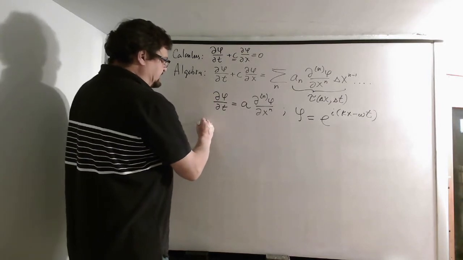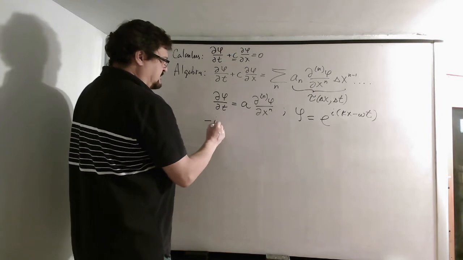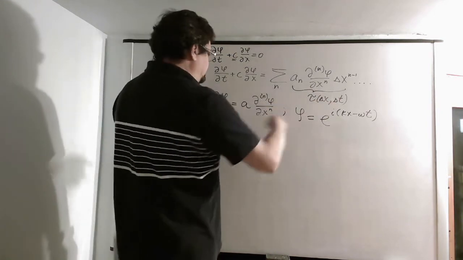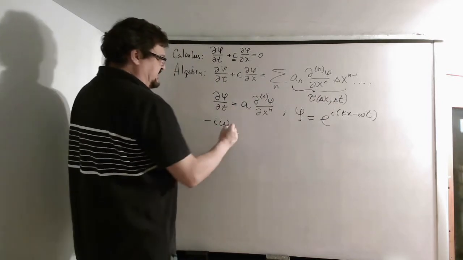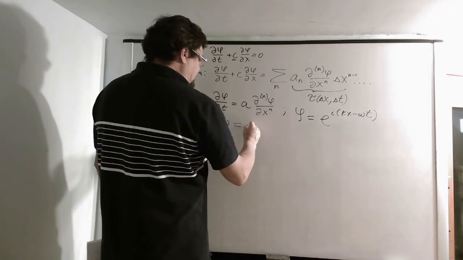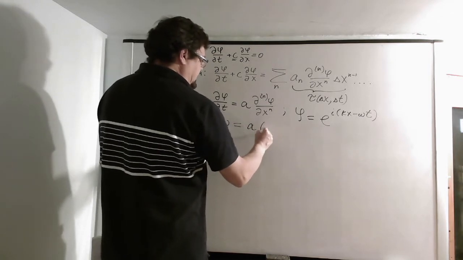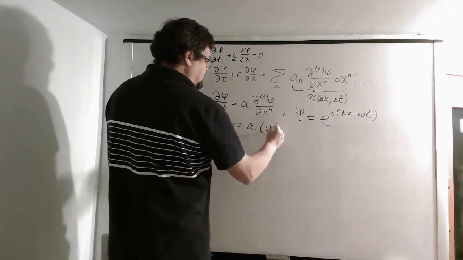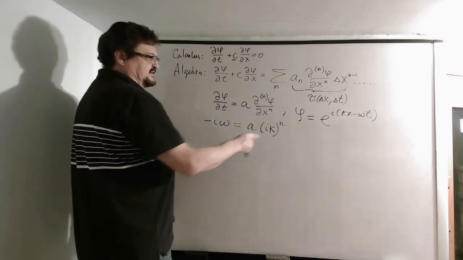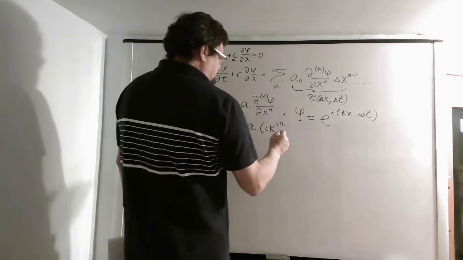We get minus i omega, and we cancel immediately this exponential because it's on both sides. So we get minus i omega equals a times (ik) to the power of n. We differentiate this function n times.